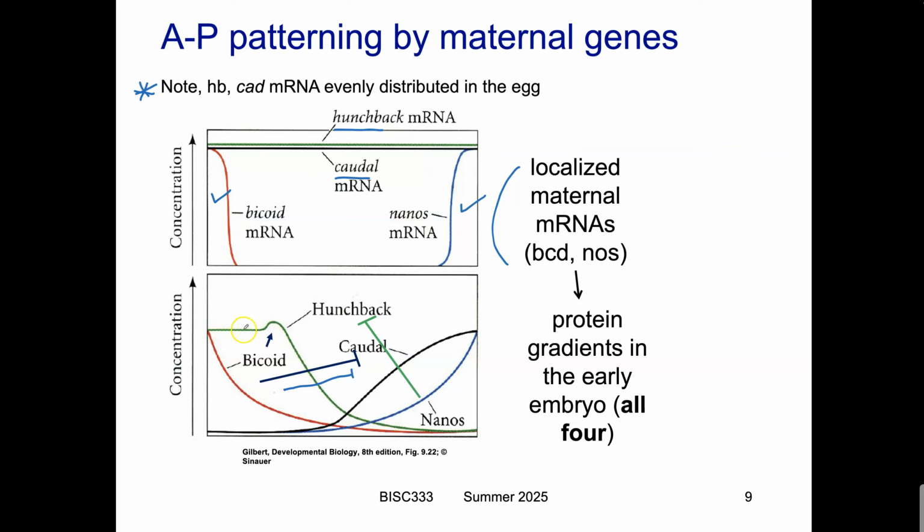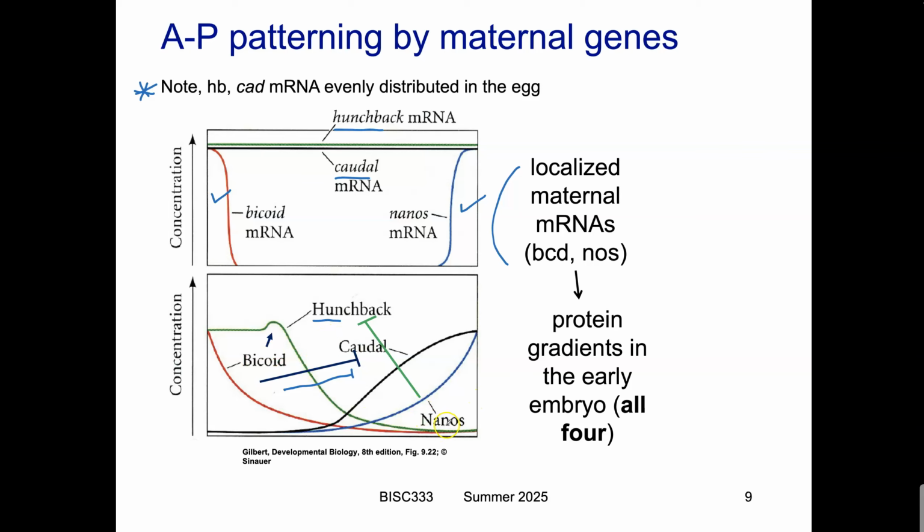So you have the maternal hunchback plus a little more that's being promoted by bicoid now. So hunchback is a gene that is provided by mom, so it's maternal, and it's also transcribed in the actual embryo. So it's a zygotic gene, and it's one of the earliest zygotic genes to be expressed.